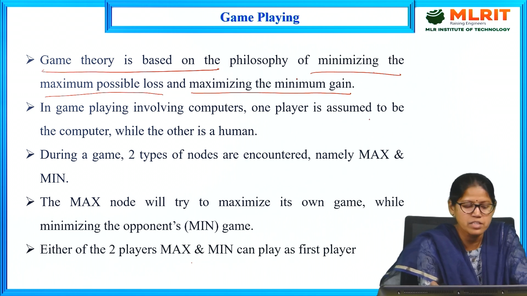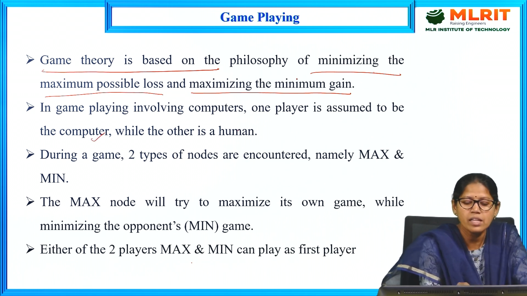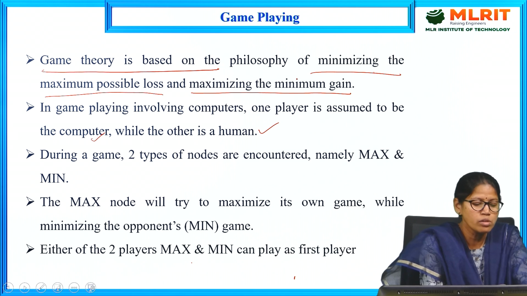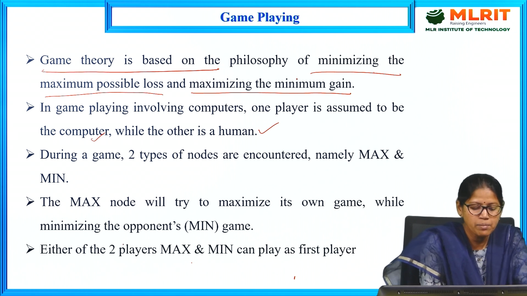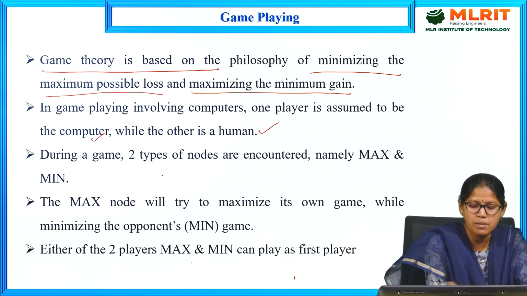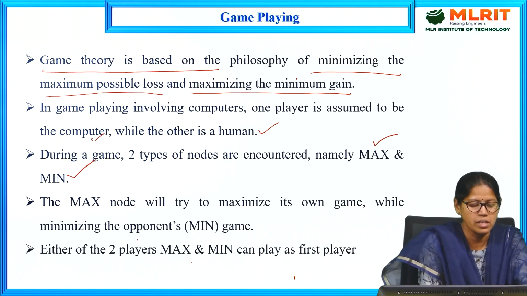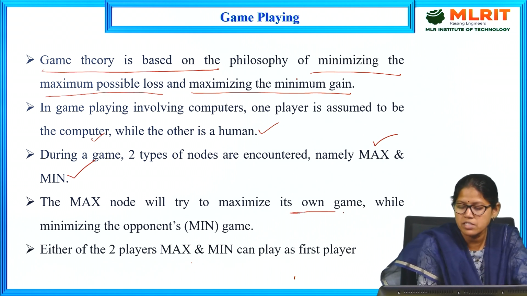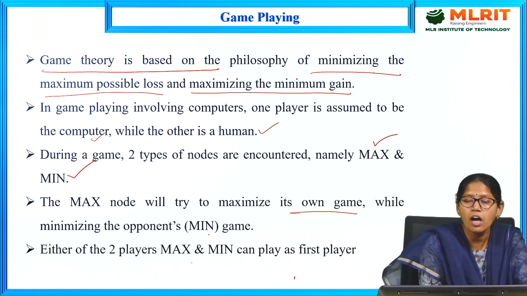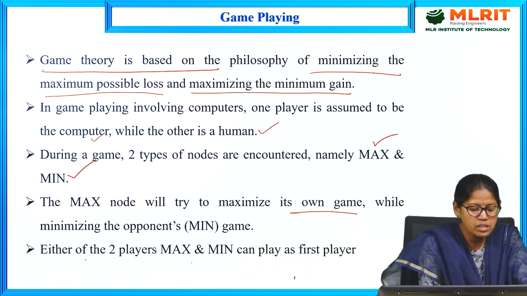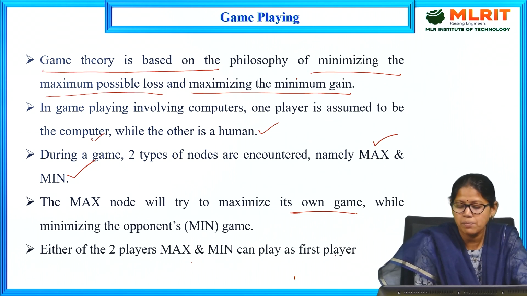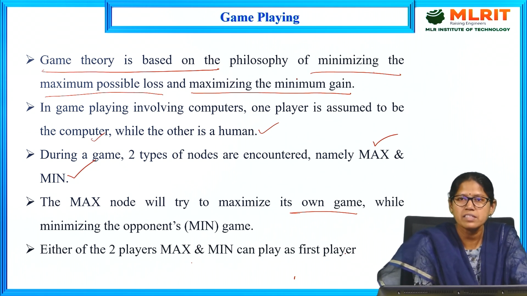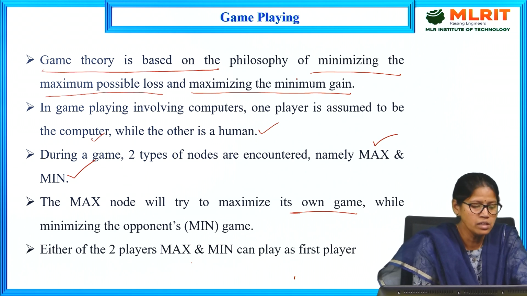One player is assumed to be the computer while the other is a human being. So in game playing there are two nodes: one is max and the other is min. The max node will try to maximize its own game while minimizing the opponent's game. Either of the two players, max and min, can play as the first player.